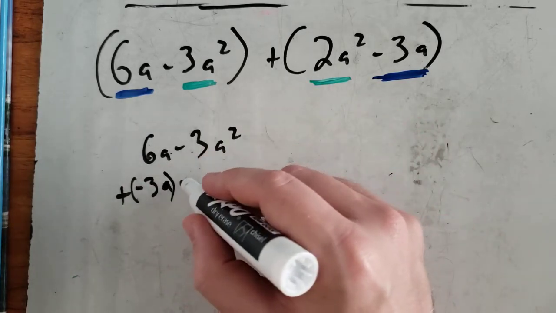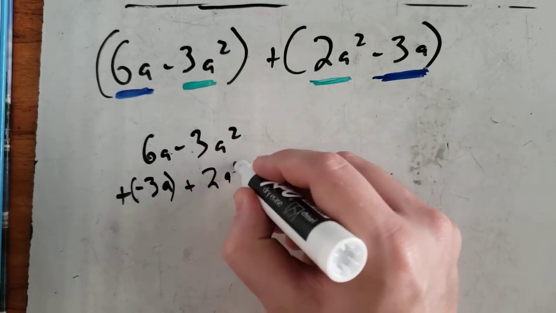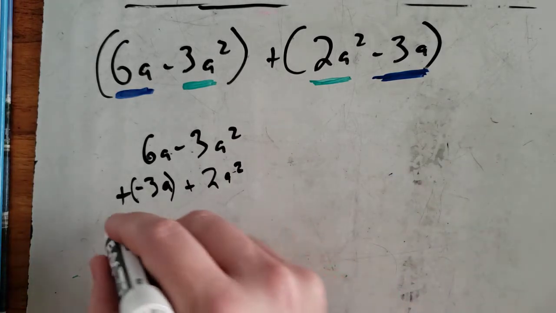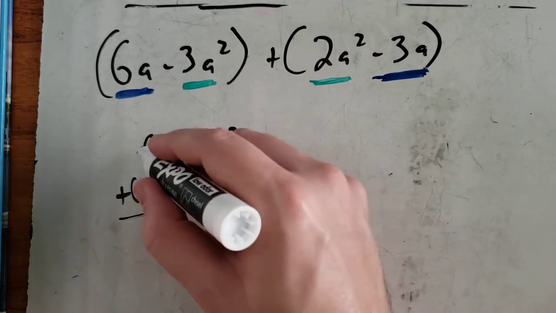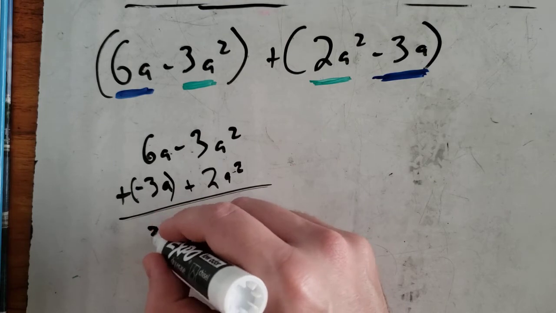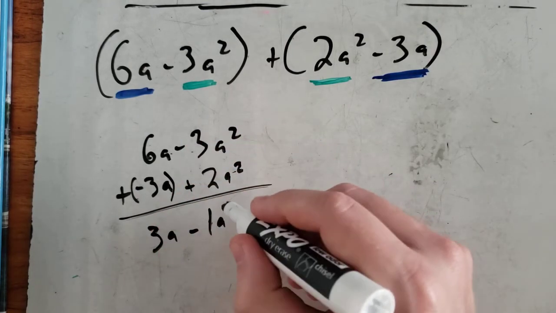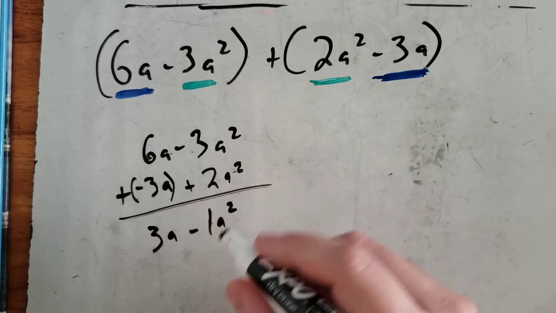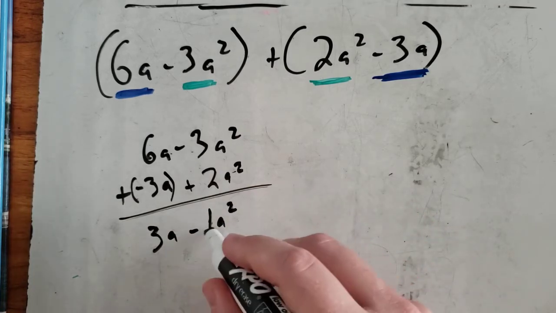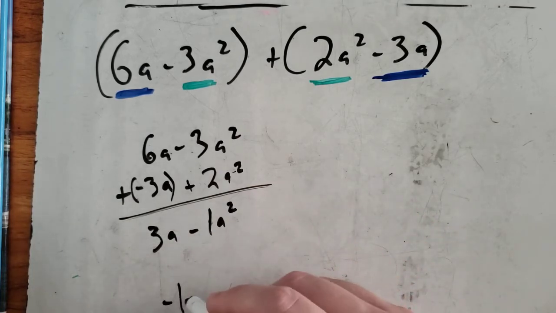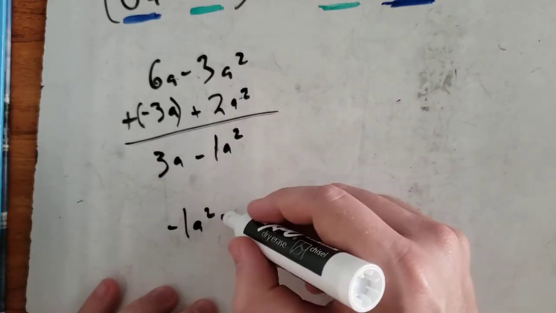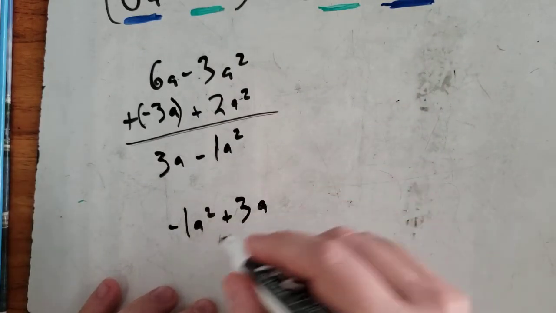And then plus 2a squared. And if you did the math, 6 minus 3 is 3a, negative 3 plus 2 is negative 1, a squared, rearrange them. So this is in front, and negative 1a squared plus 3a.